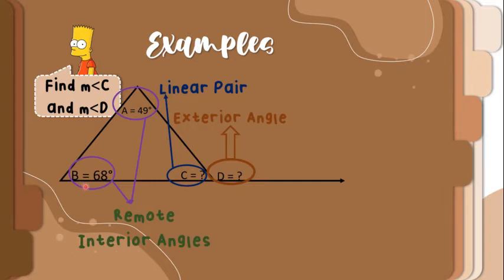Now let us start our solution. Since we have two unknown angles, let's solve them one by one. Let's start with the measurement of angle D. We are going to find the measurement of angle D by the exterior angle inequality theorem.